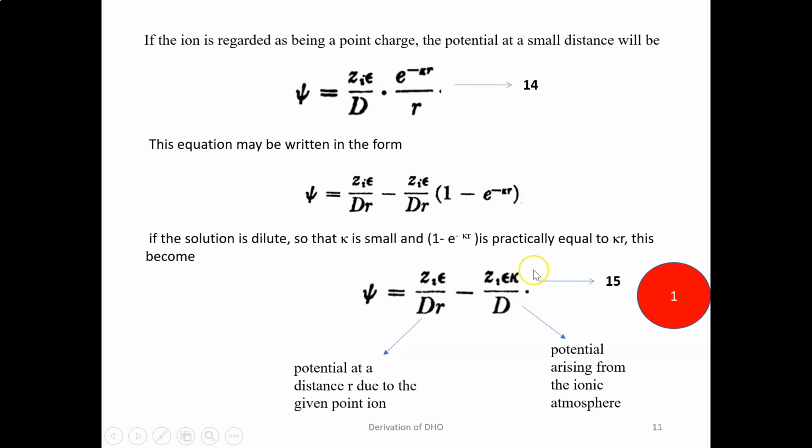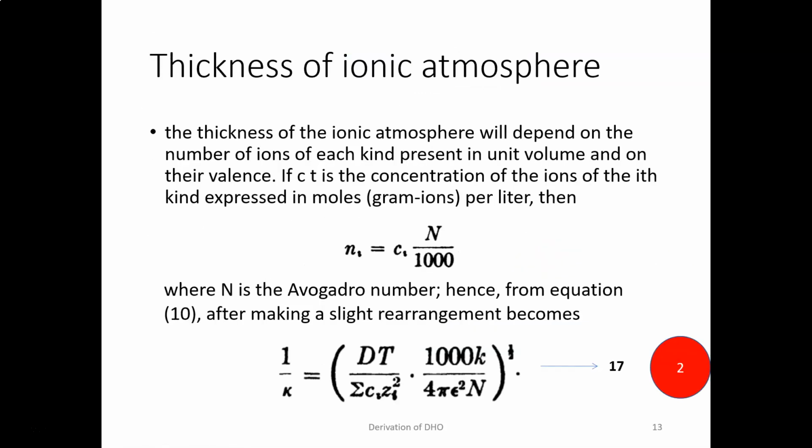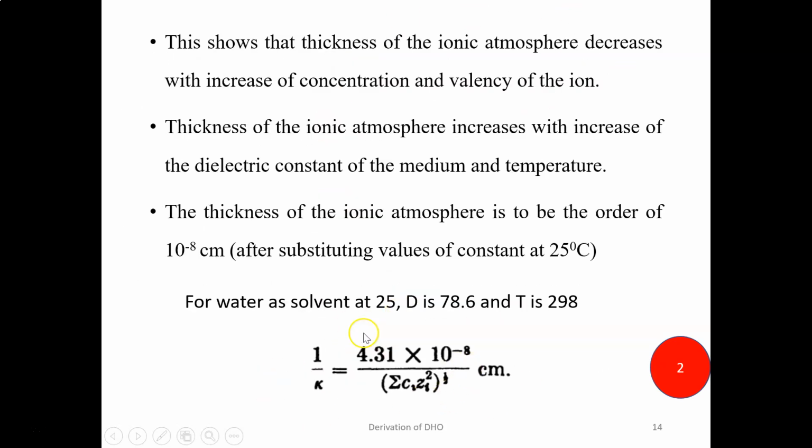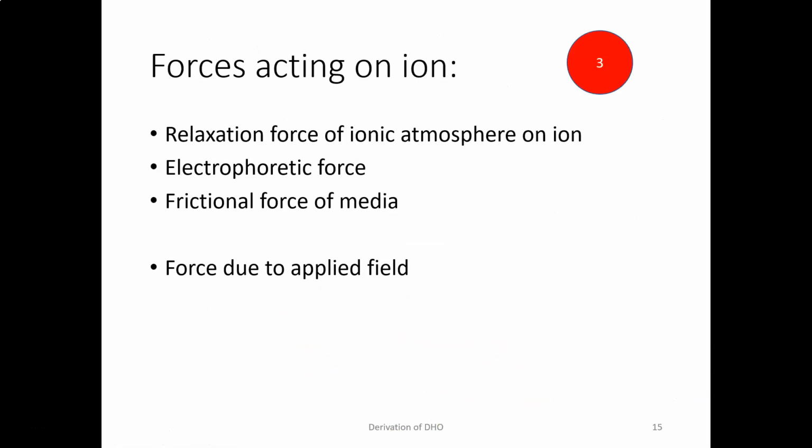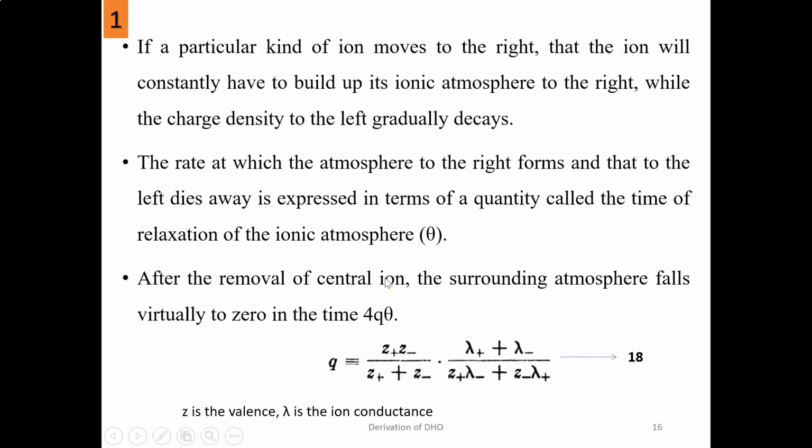You can mention that 1 by kappa is the thickness of the ionic atmosphere. You can give this relation also, because we are using it later in the derivation. And then you can mention various forces acting on an ion: relaxation force, electrophoretic force, frictional force, force due to applied field, etc.